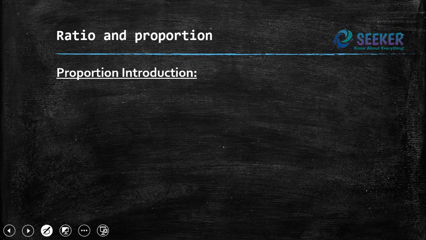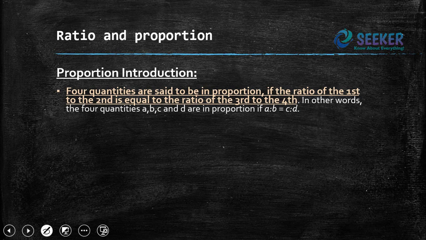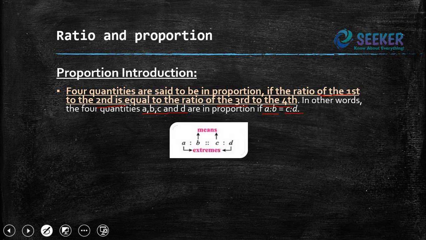Now what is proportion? Four quantities are said to be in proportion if the ratio of the first and the second is equal to the ratio of the third and fourth. In other words, the four quantities A, B, C and D are in proportion if A ratio B is equal to C ratio D. We can write these terms as given here.